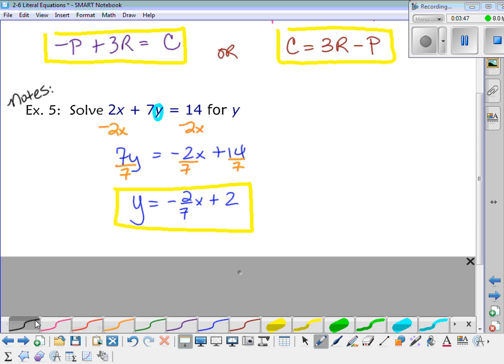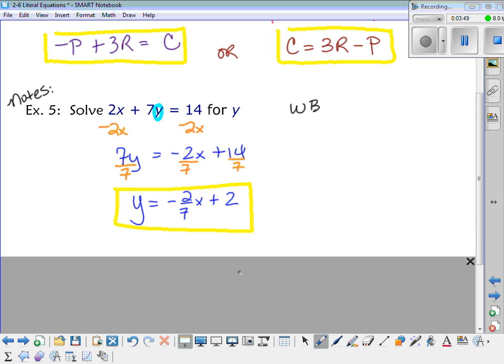So on your whiteboards, I also want you to solve for y. And this time we're going to have 3x plus 4y equals 16. So if you're at home, pause the video and do the problem on your own.